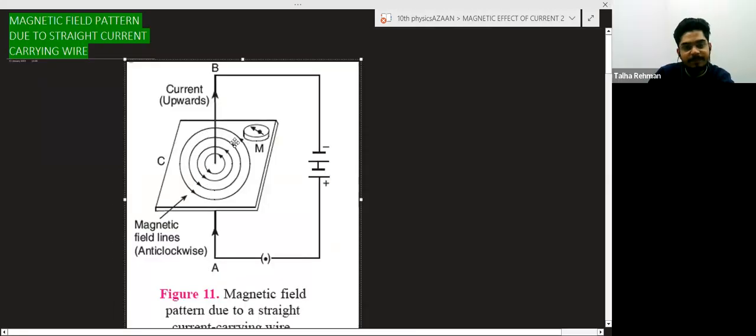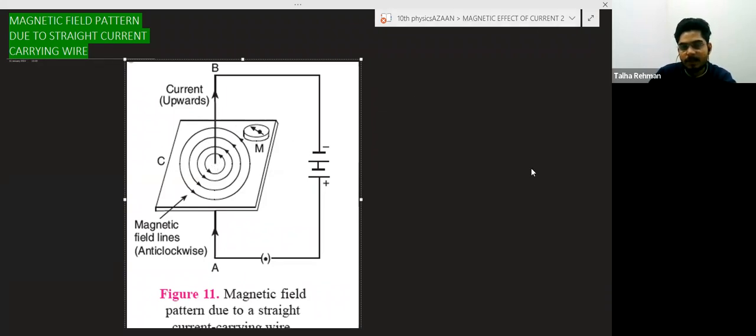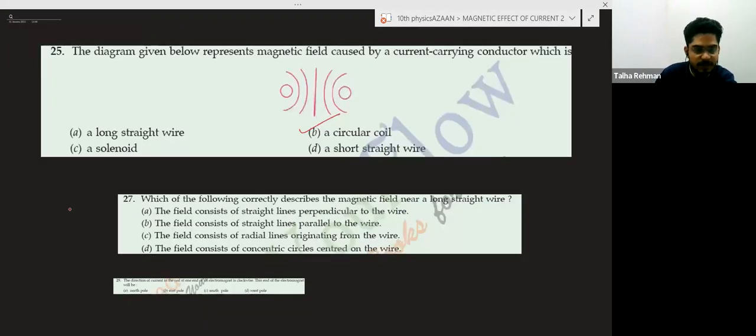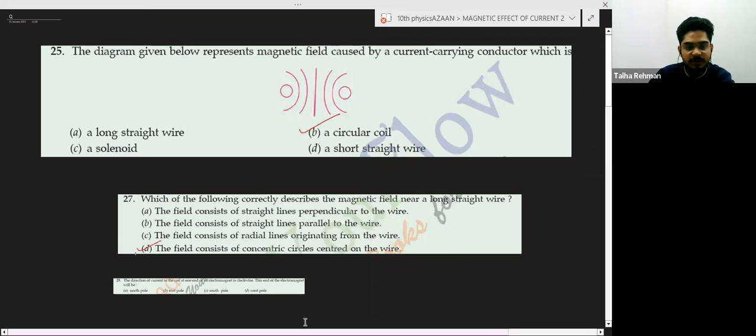These are the magnetic field lines or magnetic field pattern due to this wire, and these are concentric circles, and the center of all these concentric circles will lie on the wire. So option D will be correct.